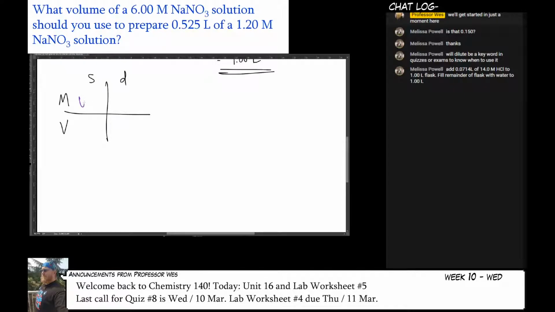So this is the concentrated side. This is the dilute side. And I want 0.525 liters of the dilute. So I'm going to solve for that. We'll solve for Vs.